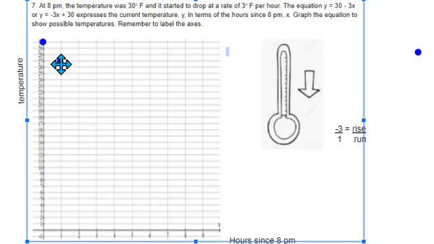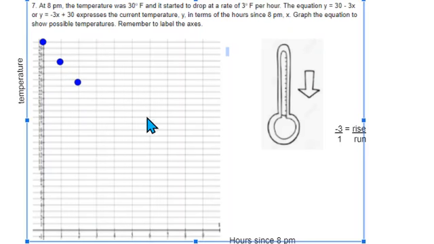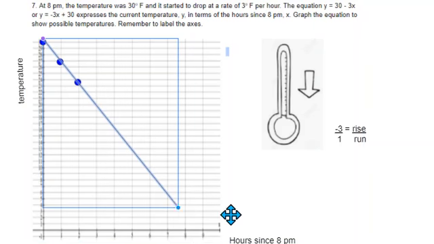So from 27, I'll go down to 24 and then over 1. So 1, 2, 3, and over 1. It's pretty good. Okay, so then you take the line and you draw a line that goes through like that.